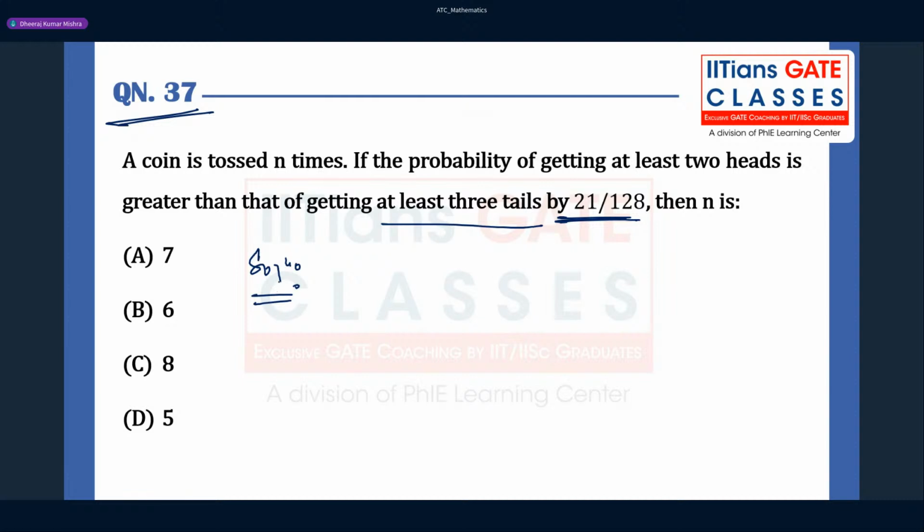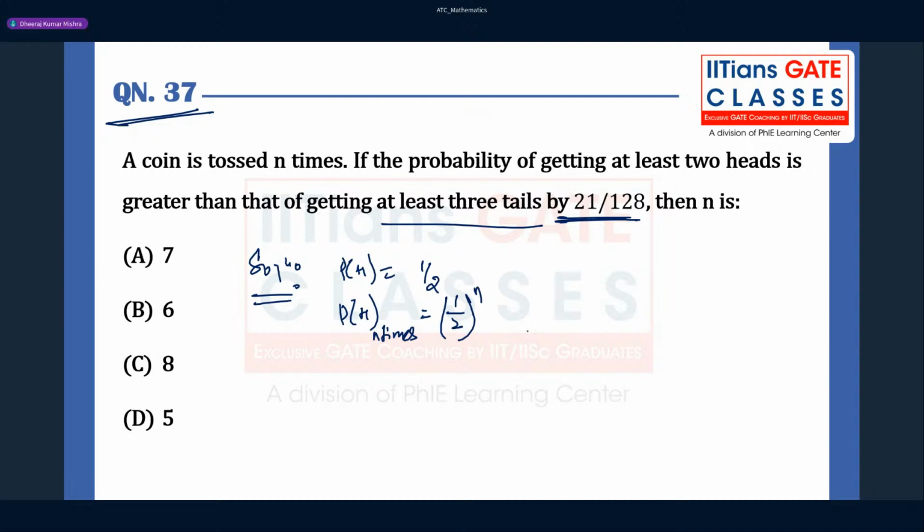Okay, so you know the probability of getting head in one toss is 1 by 2, right? And suppose they are asking the probability of getting head n number of times, that is nothing but 1 by 2 to the power n.